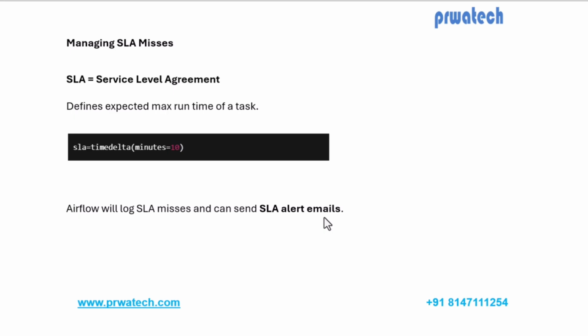The fourth thing you need to make note of, you should implement SLA in at least one of your existing DAGs. So I guess that was all about monitoring, logging, and error handling.